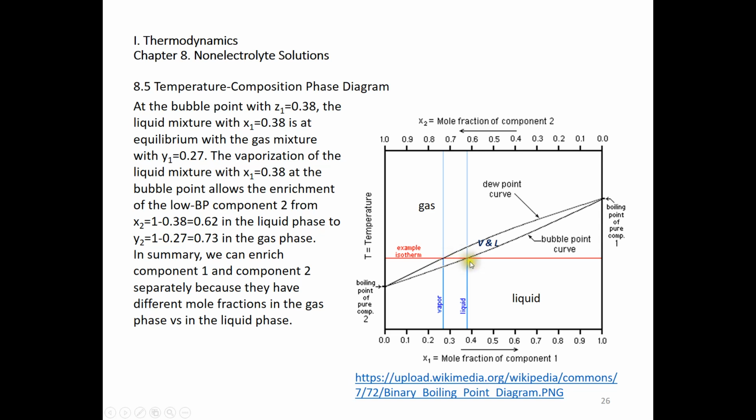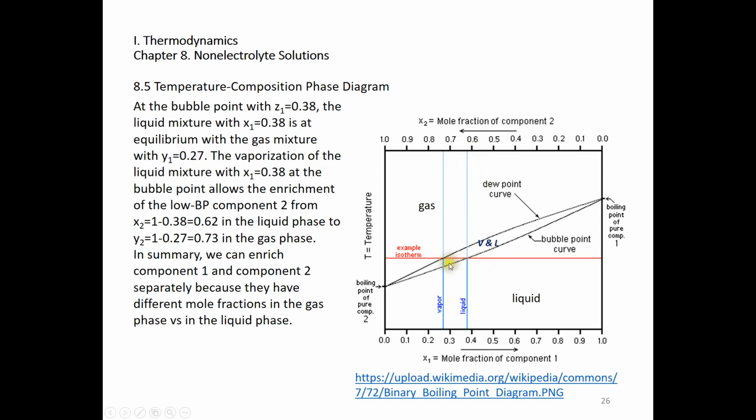So you can see, in the liquid phase we have a higher mole fraction of component 1. In the gas phase we have a lower mole fraction of component 1. But if you look at component 2, we can actually enrich component 2 from 0.62 to 0.73.